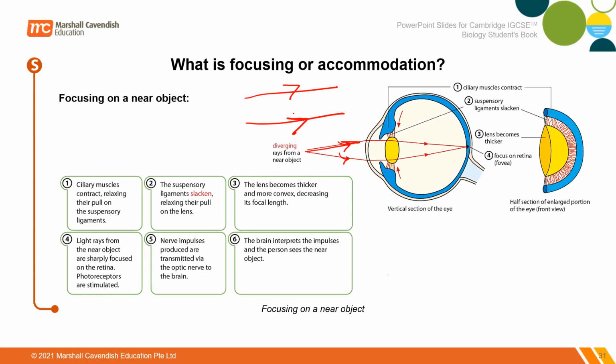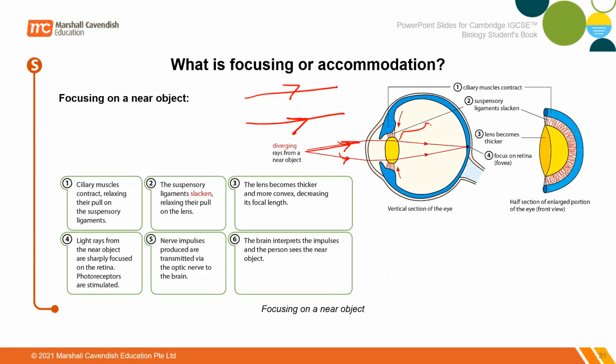Then they focus on the retina, in between. I have two points missed here: I did not talk about the ciliary muscles and the suspensory ligaments. The suspensory ligaments will be slackened here, so they will not pull the lens, so it will be more rounded, more convex, thicker.